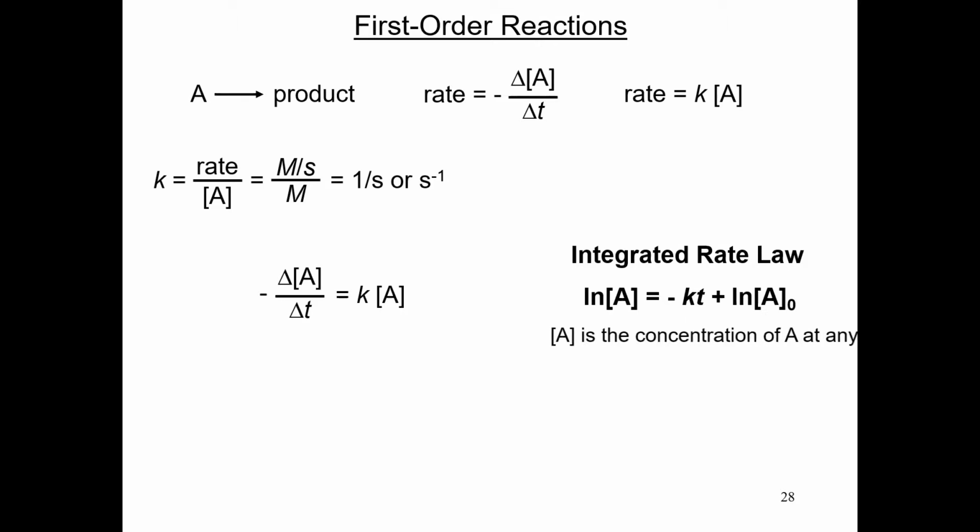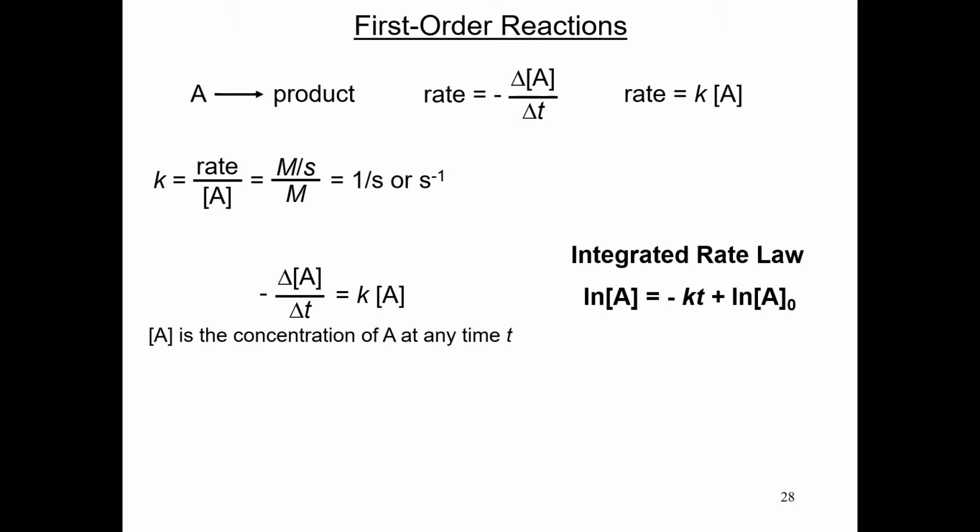In this integrated rate law, bracketed A would be the concentration of reactant A at any time t, and bracketed A sub 0 would be the concentration of A at time t equals 0. In other words, at the moment that we start measuring the rate of the reaction. Notice that this integrated rate law has the form of a straight line, right?